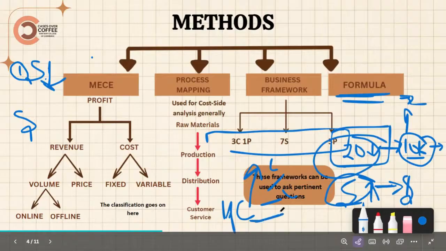We analyze these four parameters, and then we try to make a certain decision. But it is not just limited to this. There are more than 20 frameworks. So I'll be sharing the list of the frameworks with you so that you can follow that accordingly, and I'll be explaining this part in detail in further slides.